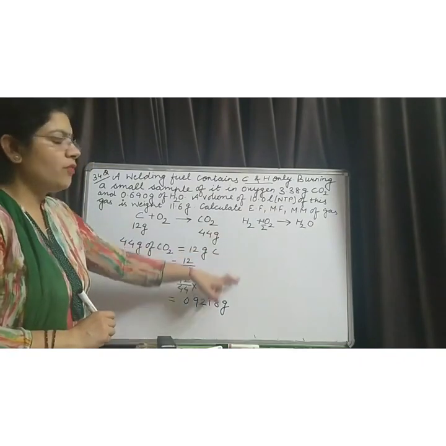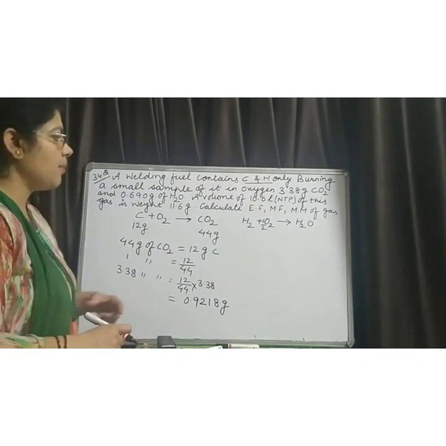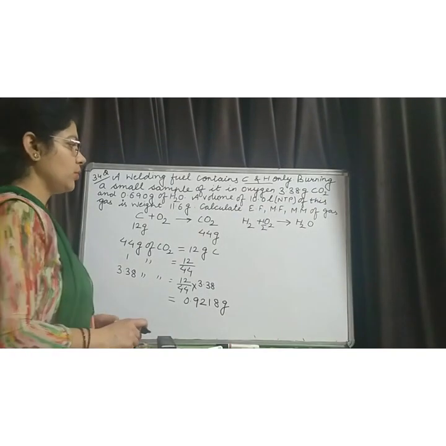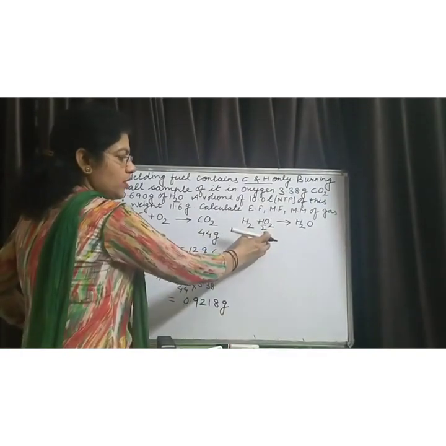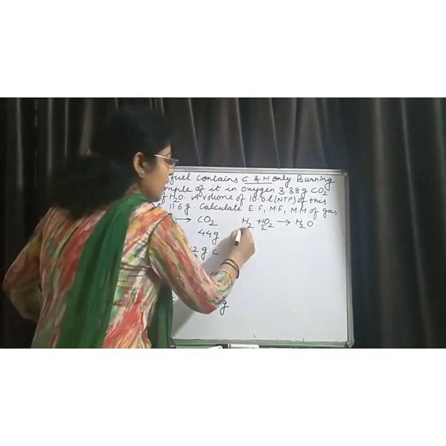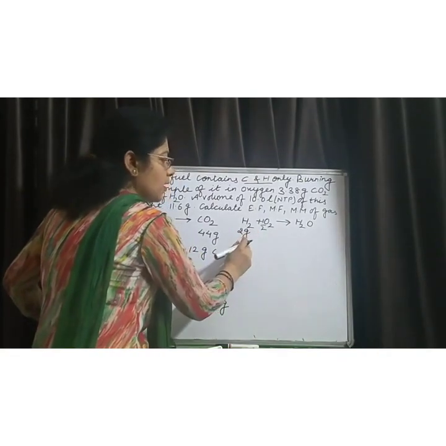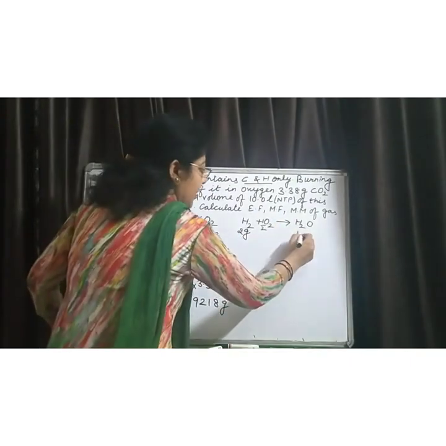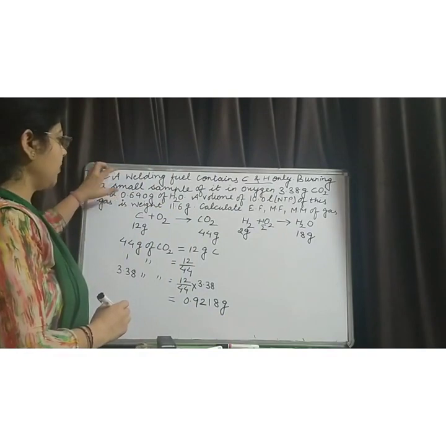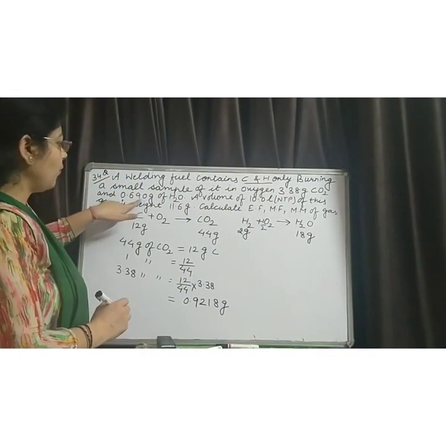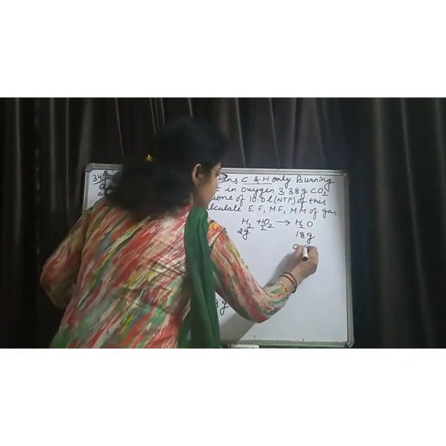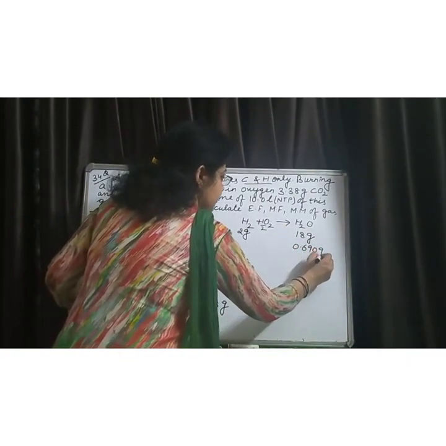Now in the similar way, we have to calculate the amount of hydrogen present in the welding fuel. From the balanced chemical reaction, when 2 gram of hydrogen burns, it produces 18 gram of water. And in this statement, the amount of water is given to you, that is 0.690 gram.